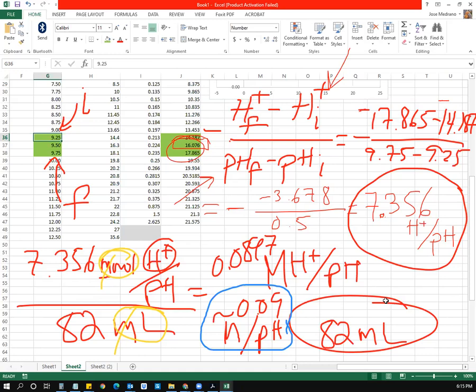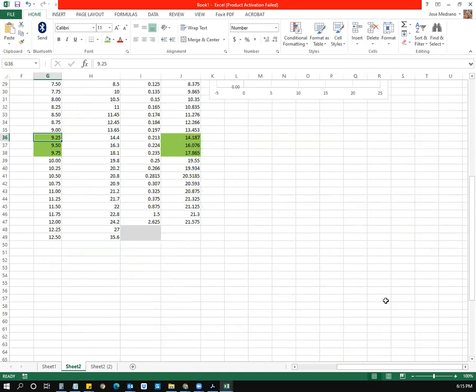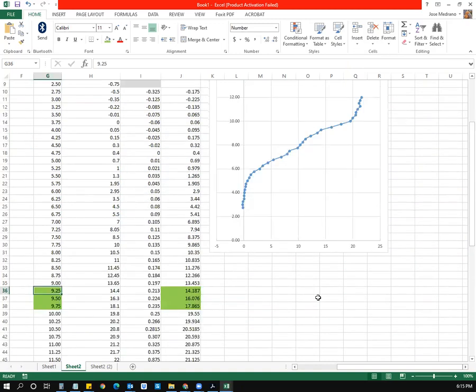The other way that we can do this, and this is being a little bit more thorough, but you need a little bit more time to do this. I'm going to clear all. If we had the time and the resources, we could model this titration curve to get an equation. I'm not going to model the whole equation. That would be really hard, plus our data is not the greatest.